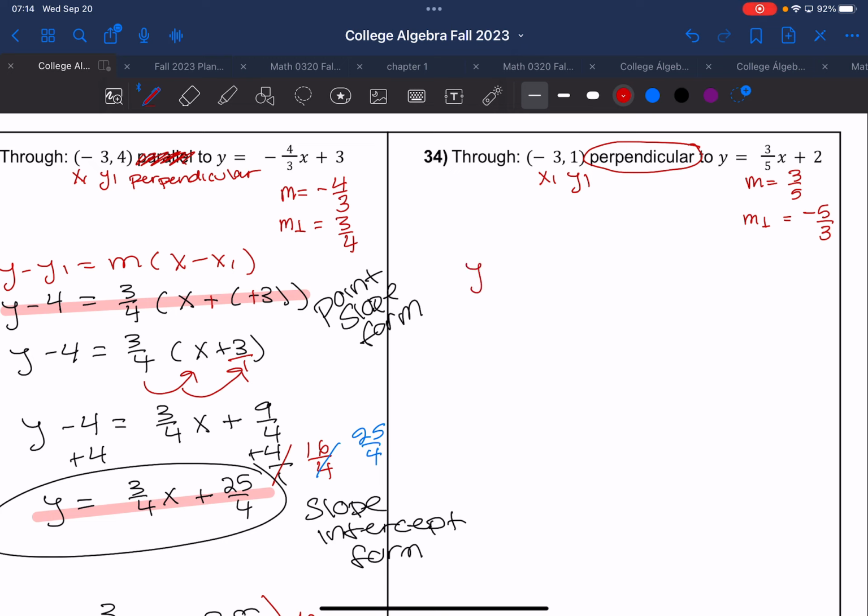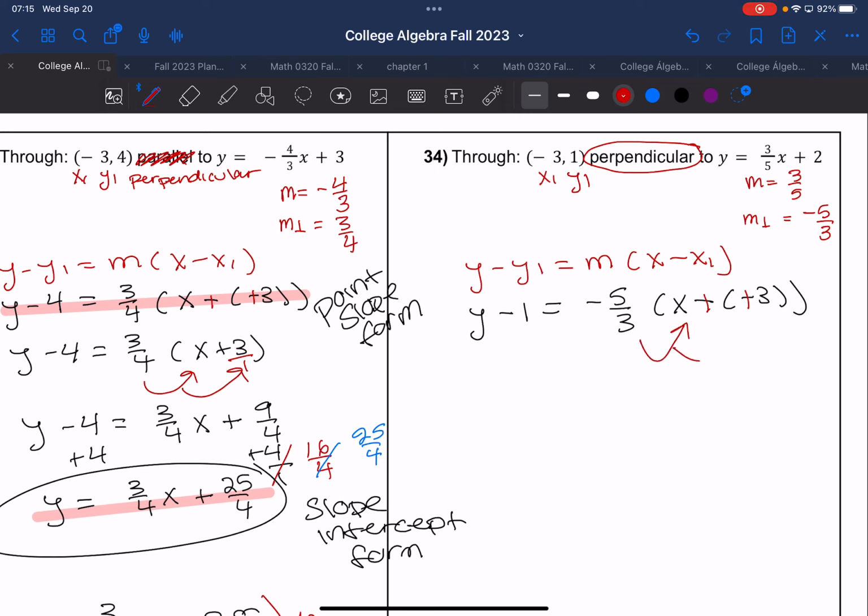So then plugging it in to our formula, we get y minus 1 is equal to -5 over 3, x minus a -3. Anytime I plug in a negative number, I put it in parentheses. Then I'm going to simplify the parentheses and then distribute that -5 over 3.